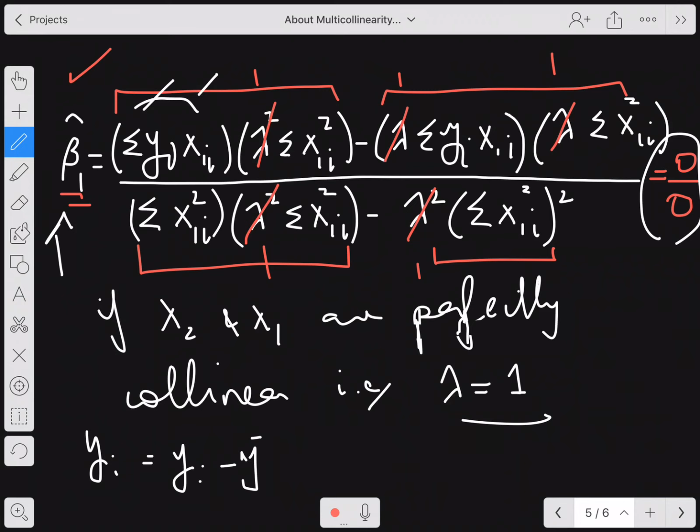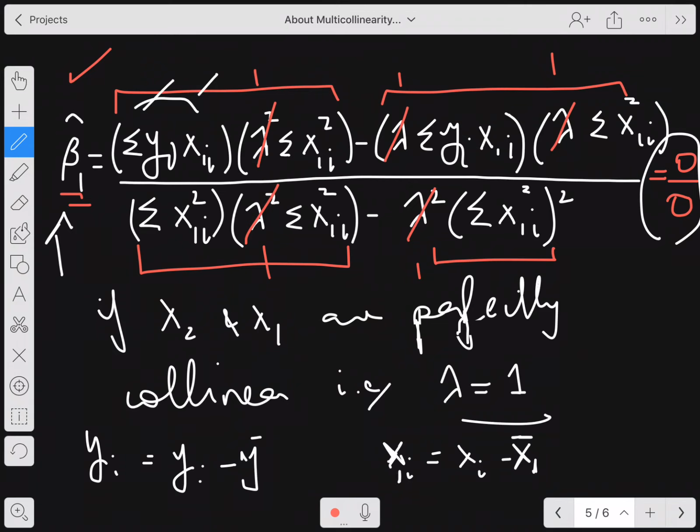We're trying to make our life easy by making the formula look simpler, but if we put in all the deviations from the mean, it would look like a more expanded version. So even xi is simply xi minus x bar. If it is x1i, then it's x1i minus x1 bar.